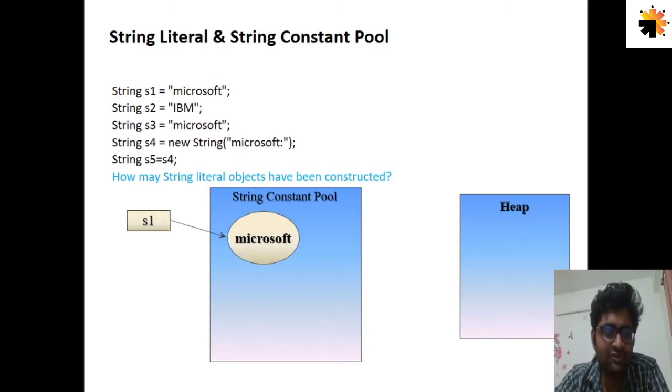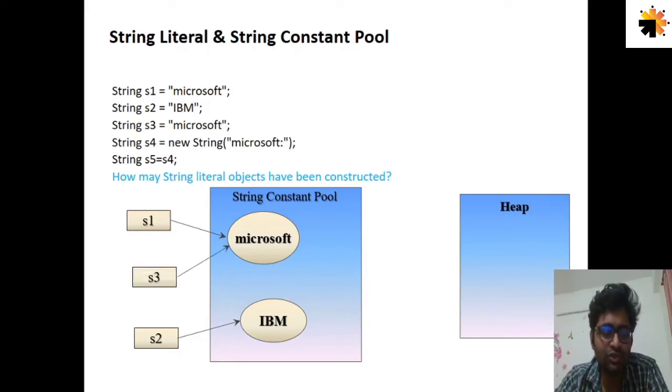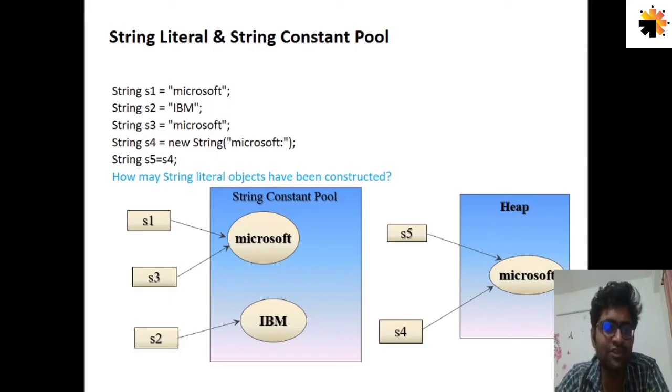s1 is a string literal Microsoft, so it is created in the string constant pool, and s2 is a string literal again, an object created in the string constant pool, IBM. And then s3 points to the same Microsoft which is already created in the string constant pool, and s4 is a Microsoft object which is created in the heap memory, and s4 is copied into s5, so s4 and s5 are both pointing to the Microsoft object in the heap memory.